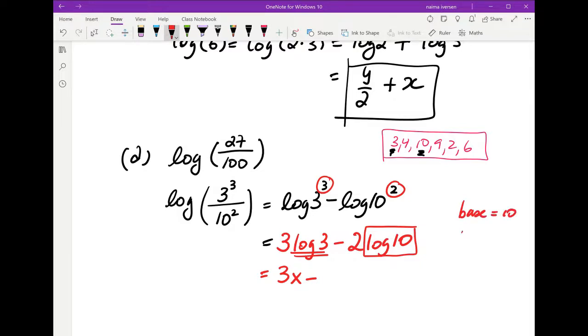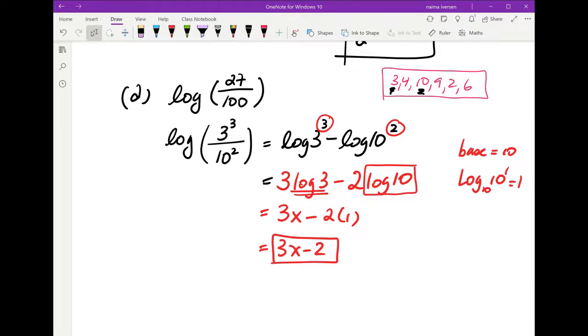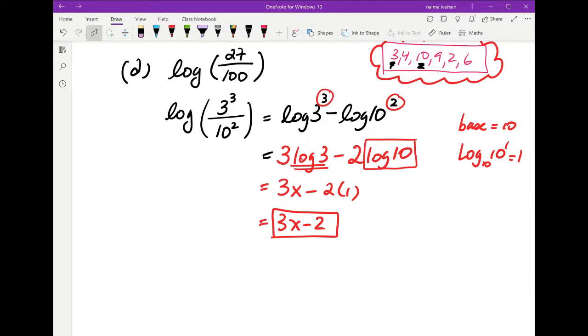It's a common logarithm, so log base 10 of 10 is equal to 1. The exponent pops out, so this is just 2 times 1. So our expression would be 3x minus 2. These types of questions take a lot of playing around. But the idea is to look at what base numbers you have and how you can combine them to make these values. Okay, go and try some questions and good luck.